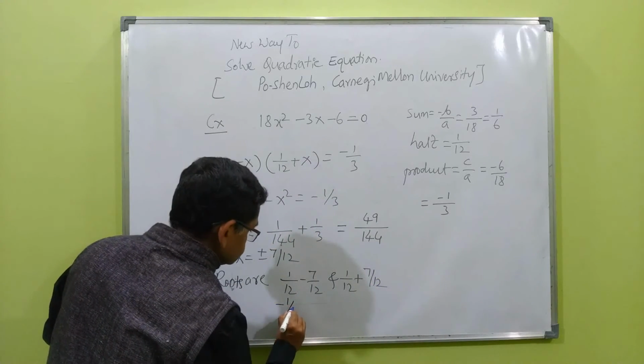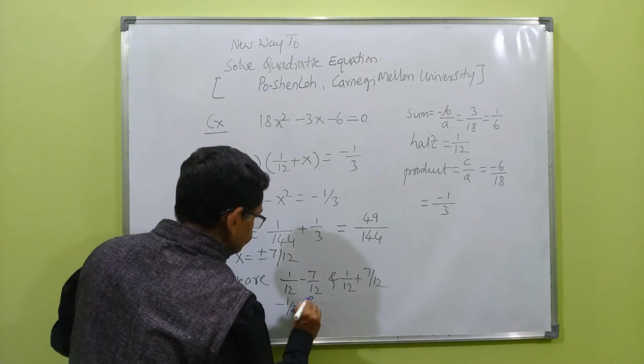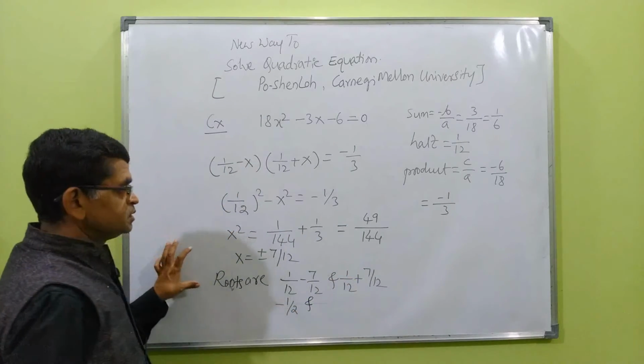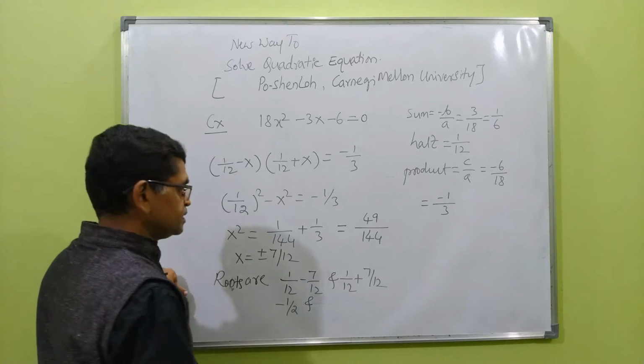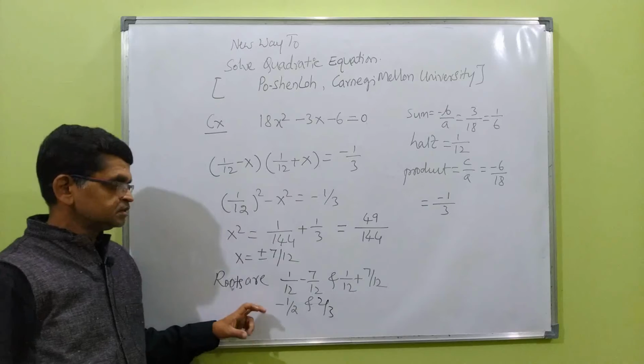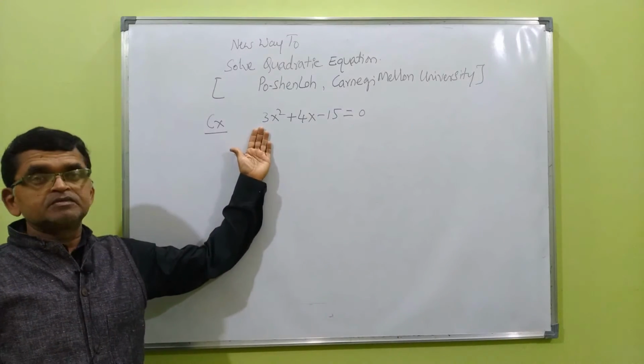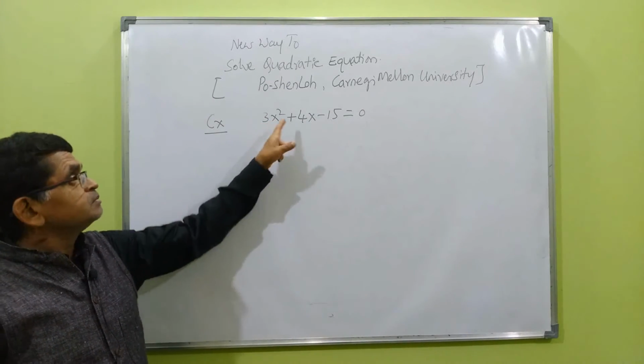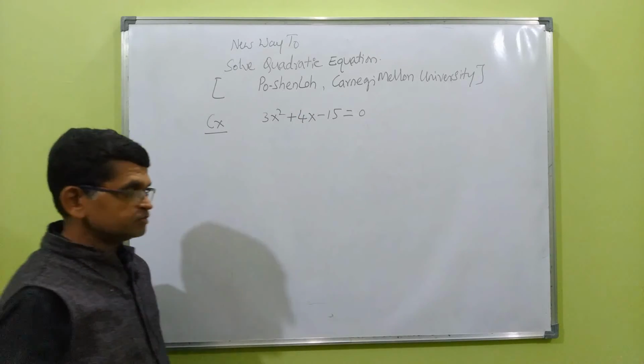Minus 6 by 12 is minus half, and this is 2 by 3. 8 by 12 means 2 by 3. These are the roots of the quadratic equation 3x squared plus 4x minus 15 is equal to 0.